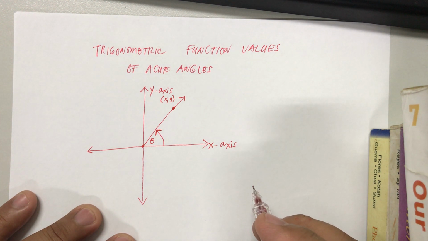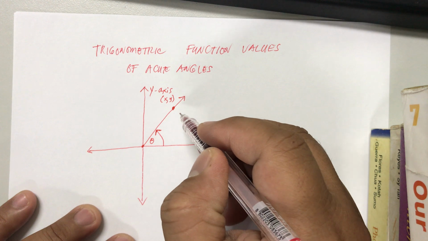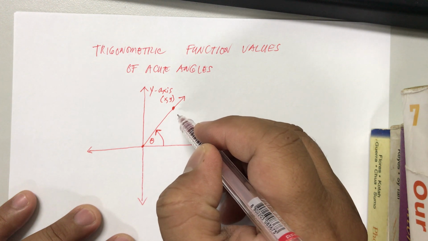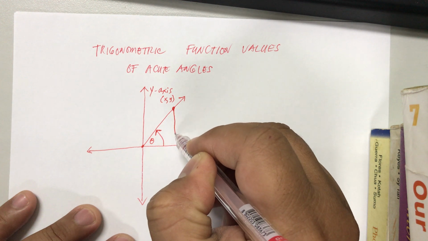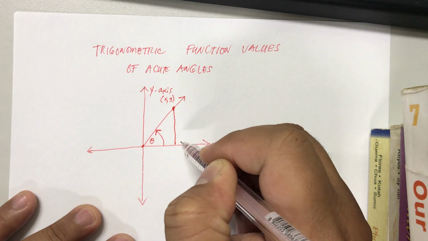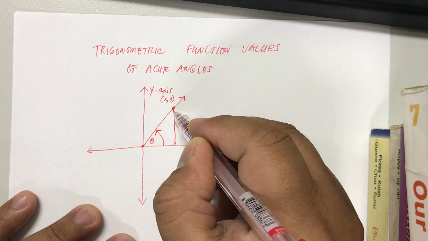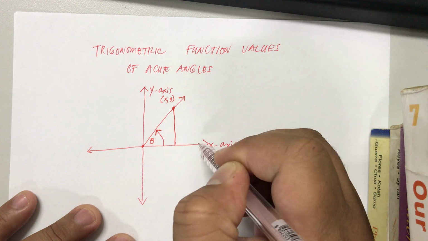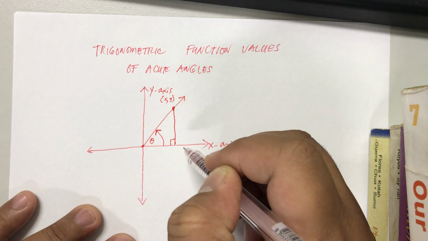From the point which is contained in the terminal side of angle theta, we draw a line segment which is perpendicular to the x-axis. When we say this line segment is perpendicular to the x-axis, it means that the line segment and the x-axis create an angle that measures 90 degrees.